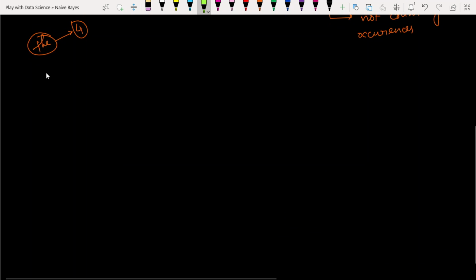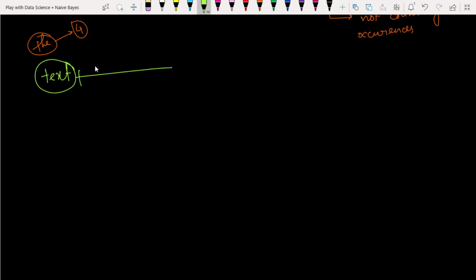The thing is that we have a given text, which we call a review, and after using the text pre-processing technique, we find words, that is w1, w2, w3, up to wd.